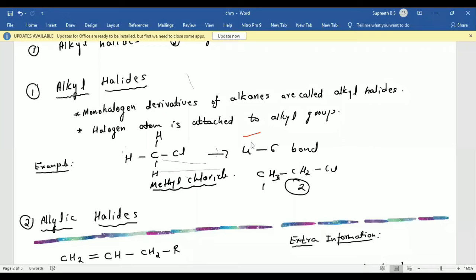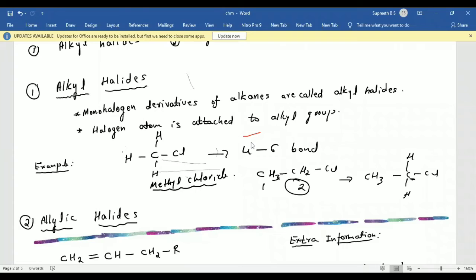You have to observe the hybridization of the second carbon atom. If you expand that one, what will we get? CH3, C, H2 means H, then one more hydrogen atom here, and here Cl. You can observe this carbon contains 4 sigma bonds: one here, second, third, fourth sigma bond.